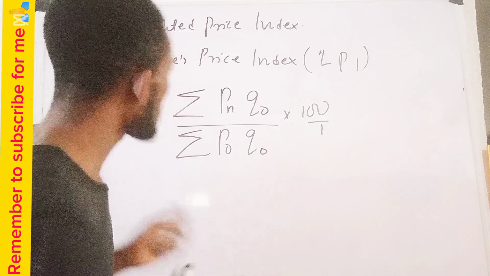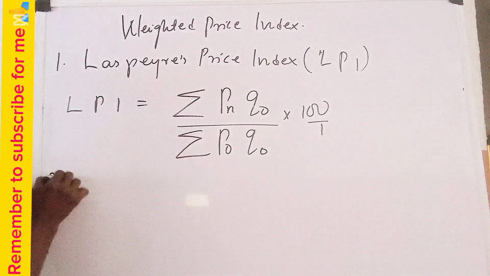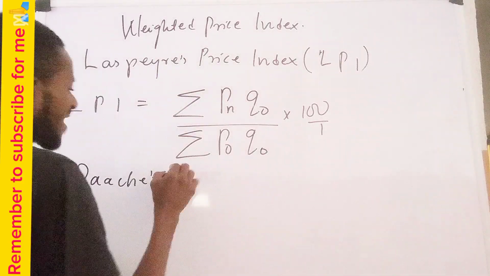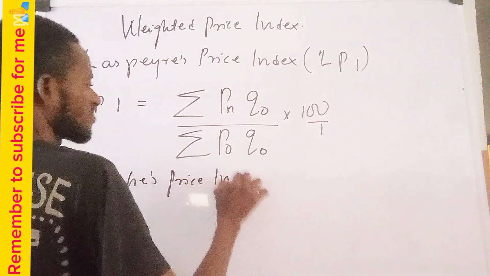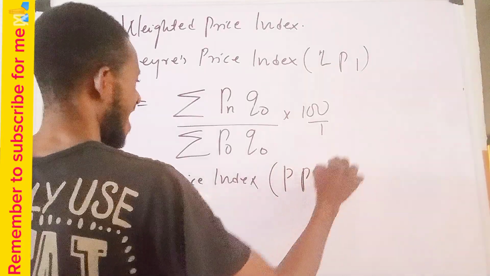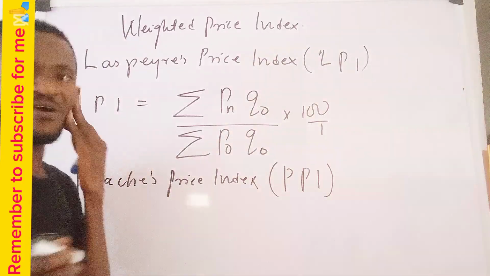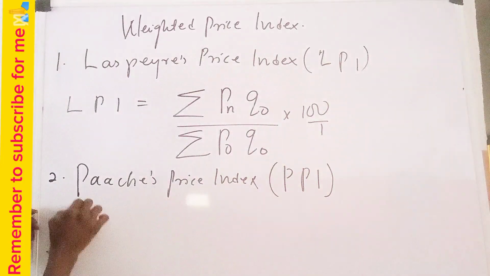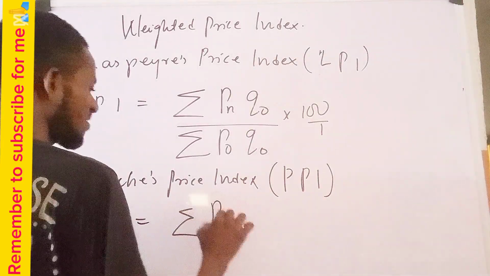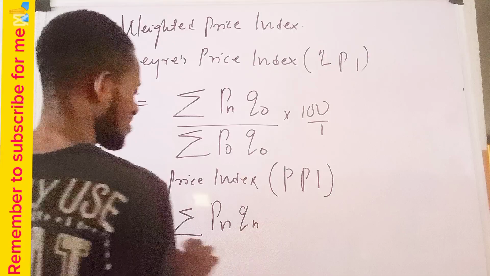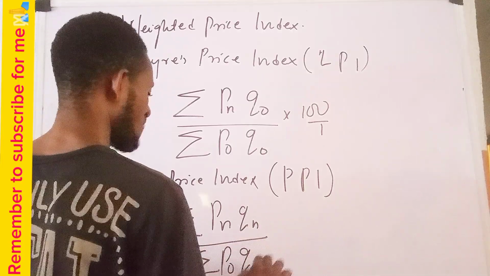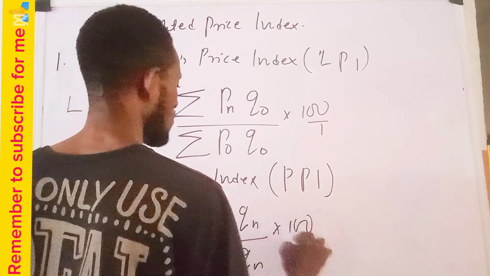Okay? Now, number two is the Paasche price index, which is often written as PPI. This PPI is given as sum of P of n, Q of n, all over sum of P of 0, Q of n, multiplied by 100 over 1.